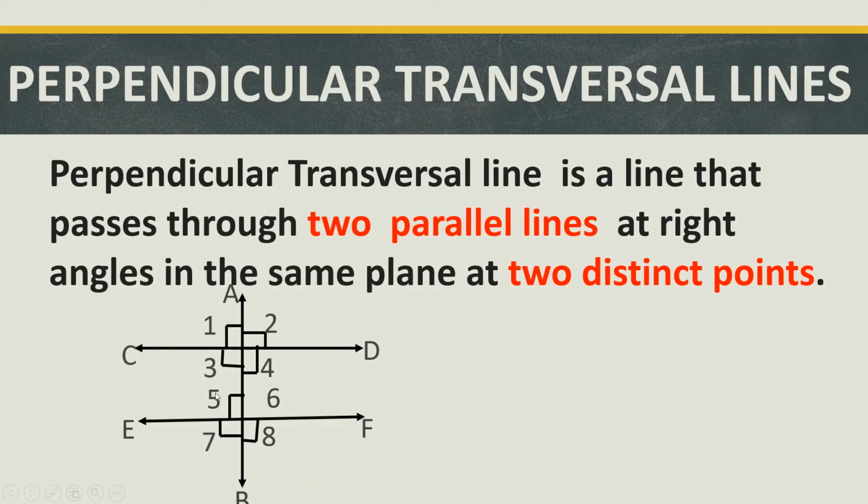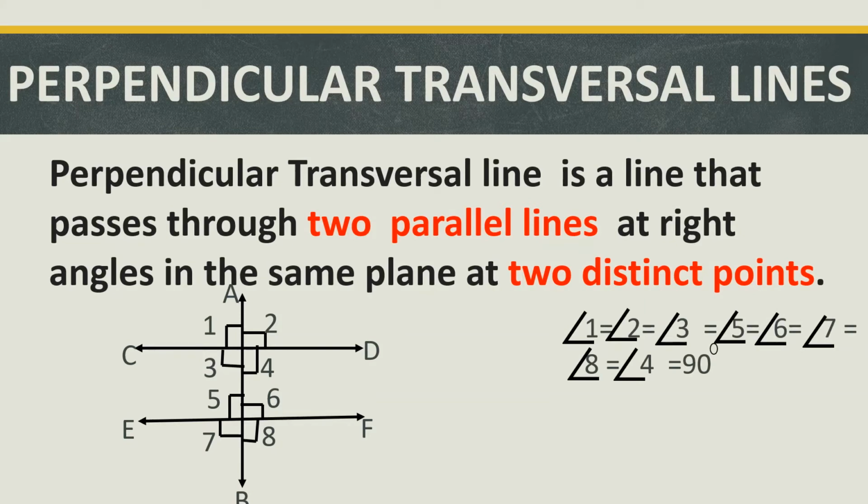Example, this is a perpendicular transversal line because this transversal line crosses through two parallel lines and they form right angles when they intersect. Here, angles 1, 2, 3, 4, 5, 6, 7, 8 are equal to 90 degrees.